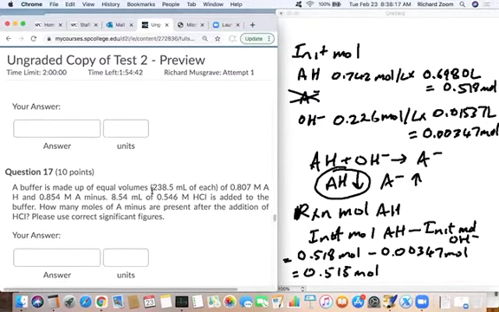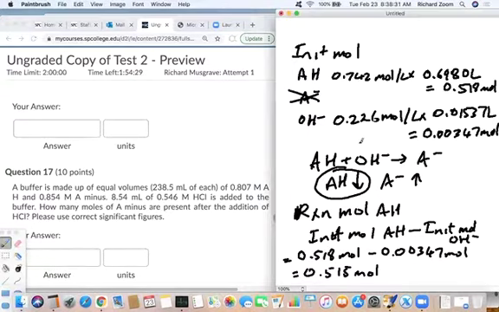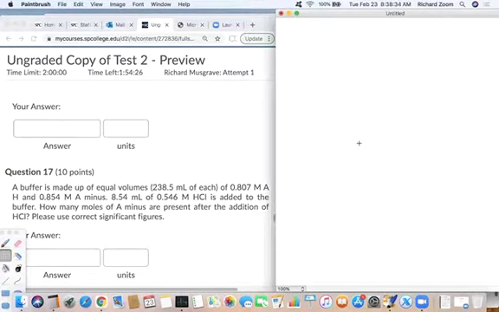Okay, in question 17, it's a similar question, but this time now HCl is being added to the buffer, and we're looking for the moles of A minus that are present. So we're going to do a similar process here. We'll look at the initial moles, and we're only interested in the A minus, so let's look at the moles of A minus.